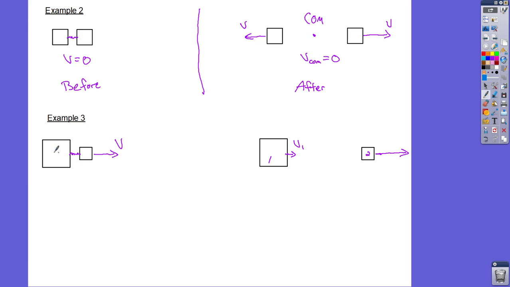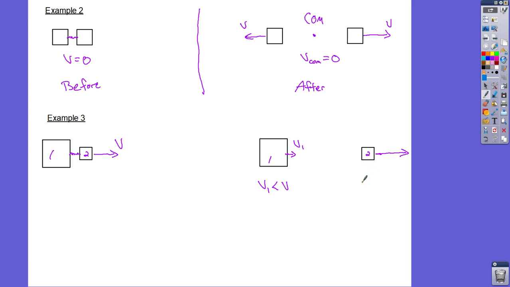object 1 was moving to the right with a velocity v. When that trigger is pushed, there's going to be a force to the left. So we know that v1 would be less than the original v. And then object 2 was moving with velocity v, and then there's a force to the right which would increase its velocity.